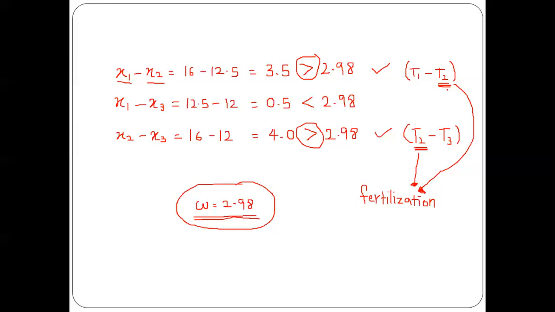In this situation, both comparisons are referred to treatment 2. Isn't it? Treatment 2, if you refer to the table, is group B, that is fertilization.